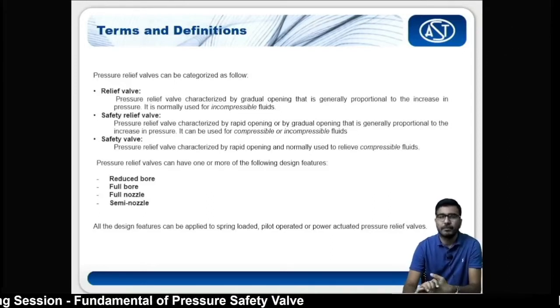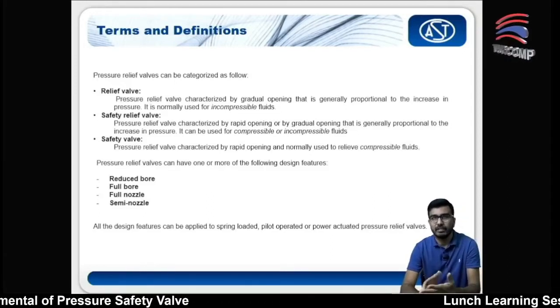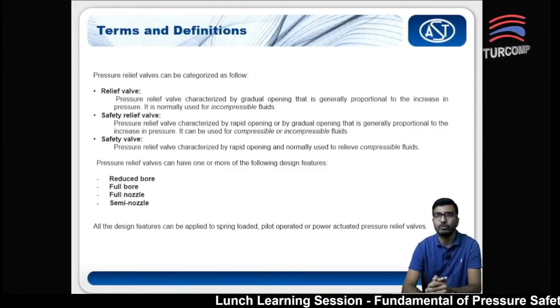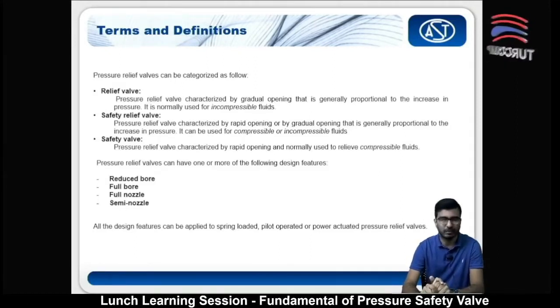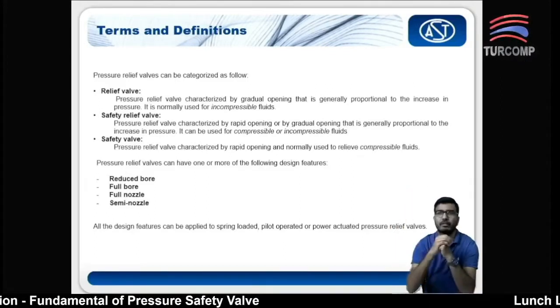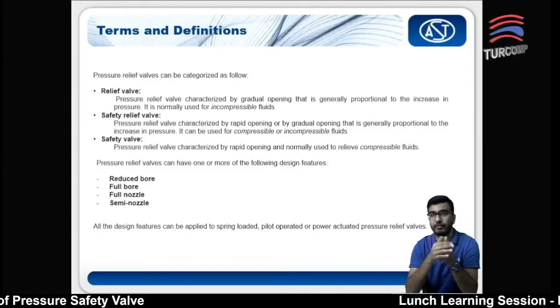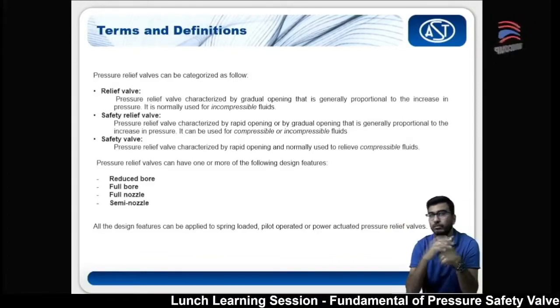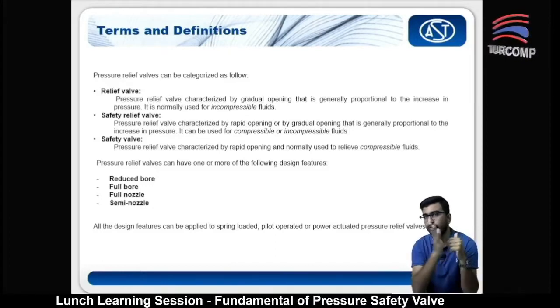Moving on to the safety valve. A safety valve is a pressure relief valve that is characterized by rapid opening and normally used to relieve compressible fluid. This is mostly used in steam services. So when it reaches set pressure, it will open straight away. So that is the safety valve. So remember, a relief valve is normally used for incompressible fluid. It is proportional.